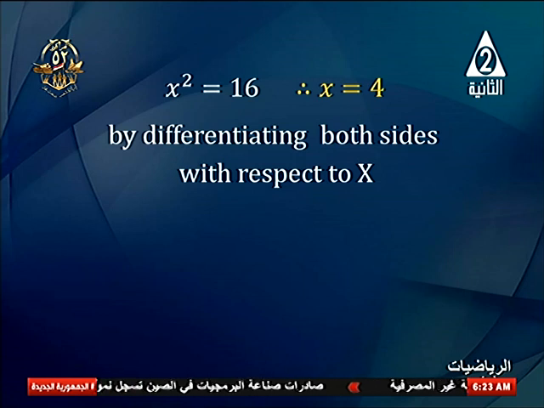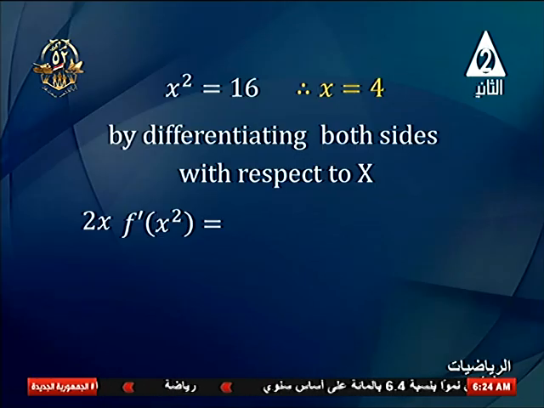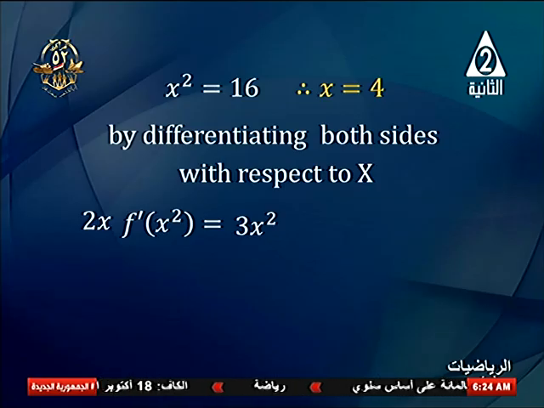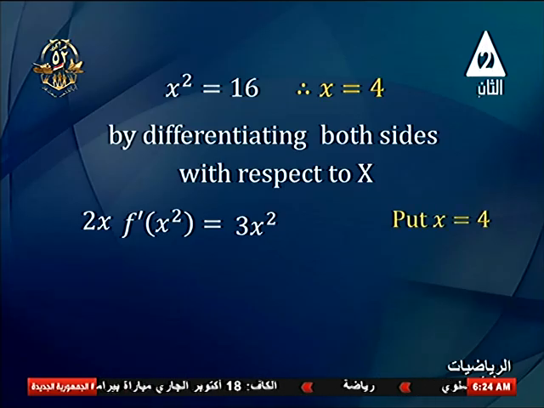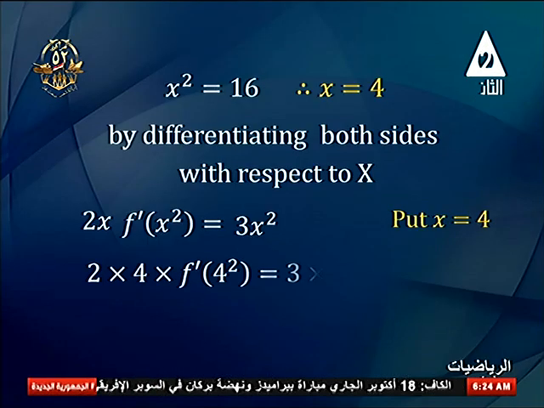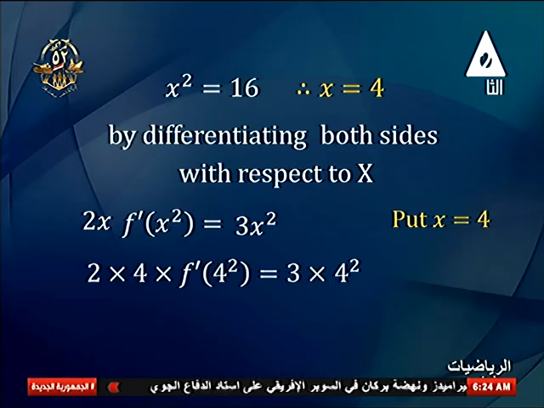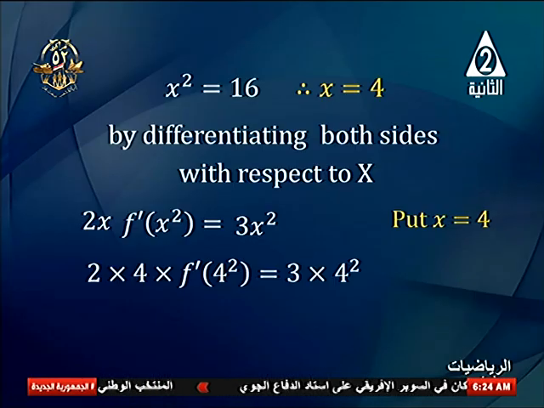By differentiating both sides, left-hand side and right-hand side, f dash x squared multiply 2x equals the right-hand side 3x squared. By putting x equals 4, 2 multiply 4 f dash 4 power 2 equals 3 multiply 4 power 2.